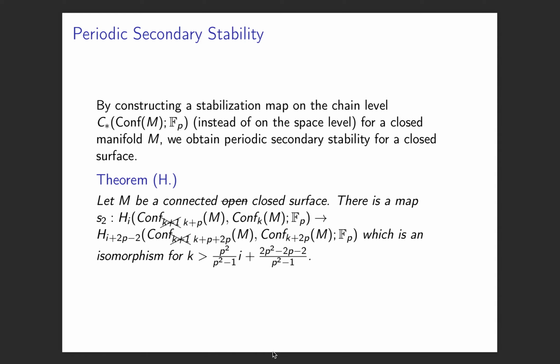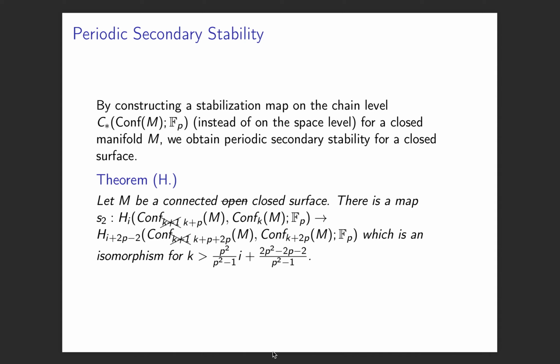So there's a map which is basically exactly the same as before, but now instead of looking at the relative pair, where the relative pair consists of the configuration space of K plus 1 points on M relative to the configuration space of K points on M, and with FP coefficients, now I want to look at the configuration space of K plus P points on M relative to the configuration space of K points on M.